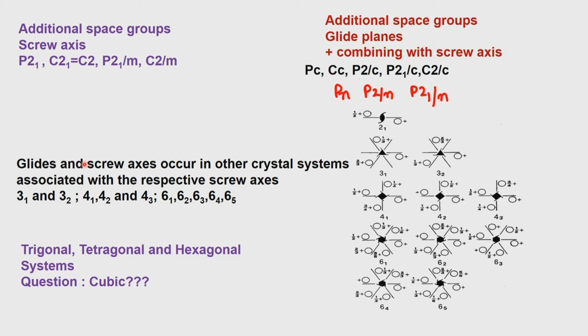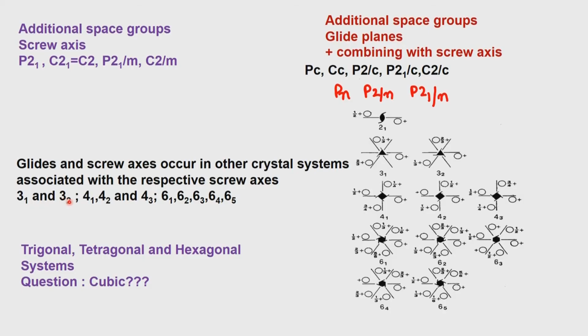So obviously the other crystal systems, orthorhombic and higher symmetry, the moment we talk about higher symmetry, we will have higher symmetry information in them. So we can have the 3-fold rotation, we can have 4-fold rotation, we can have 6-fold rotation.